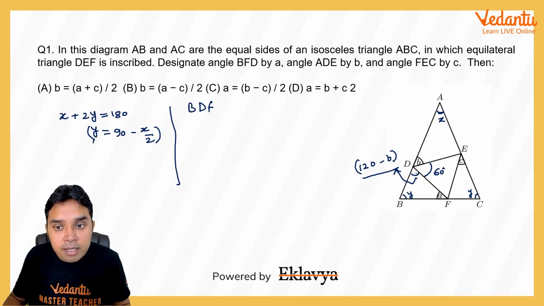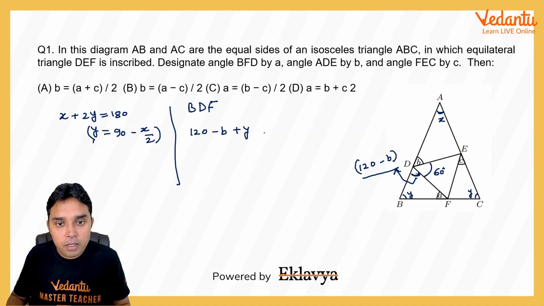So this angle has to be 120 minus B. If I use the angle sum property in the triangle BDF, then it becomes 120 minus B plus Y plus A, and it should be equal to 180 degrees. Let me call this equation number 1.